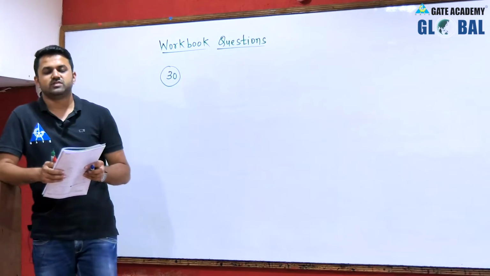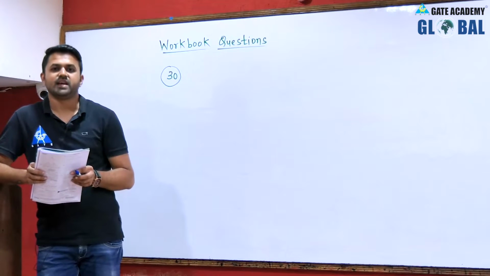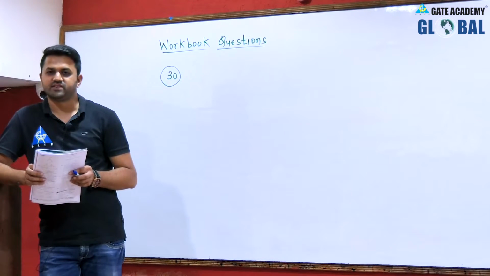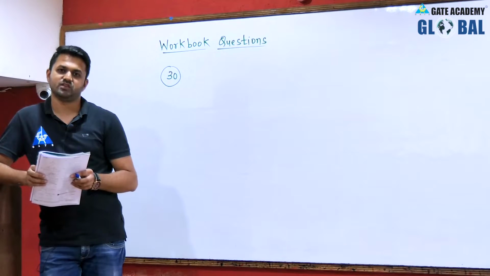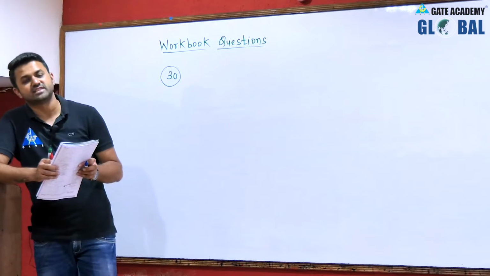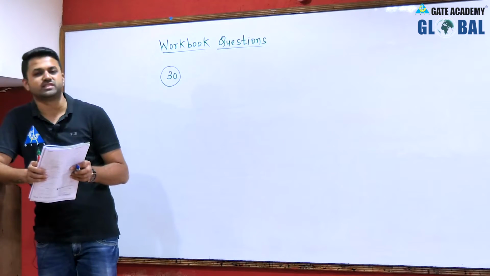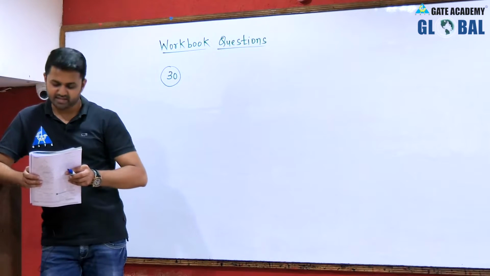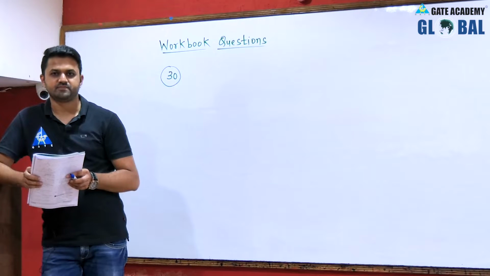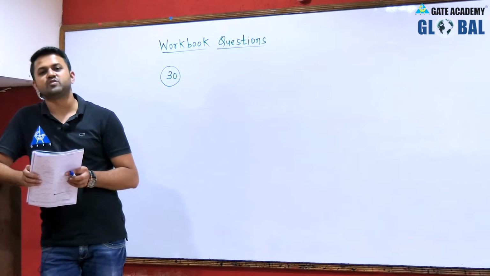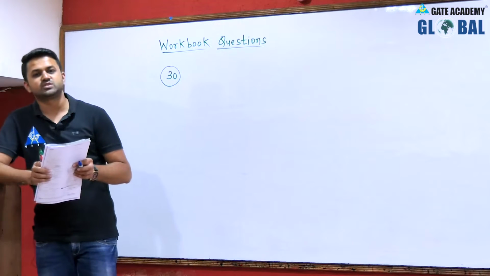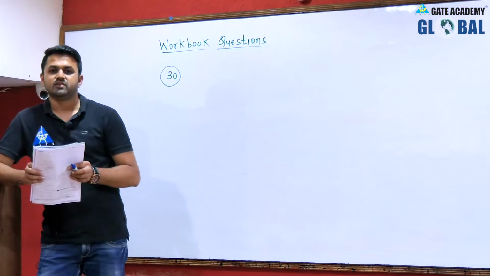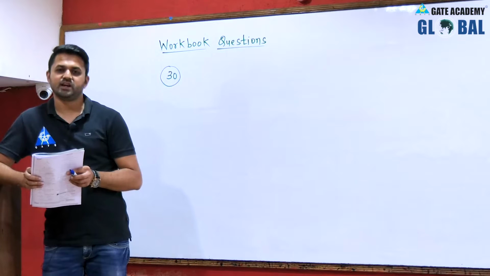See, in this question a nonlinear characteristic is given, but this nonlinear device characteristic is not the same as what we discussed in the last question and in the theory, that is the square law modulator. So in this type of question we have to analyze it again. That means the question is going to be a bit lengthy because we have to derive.